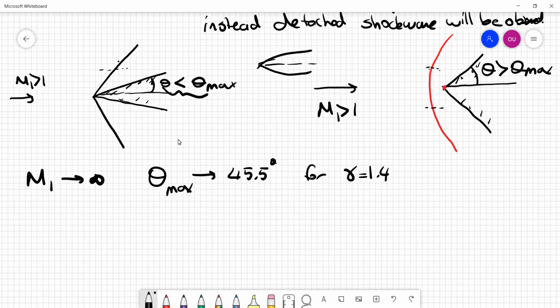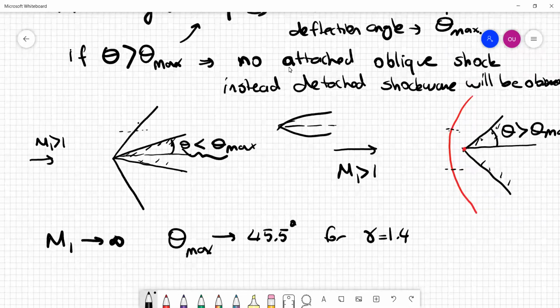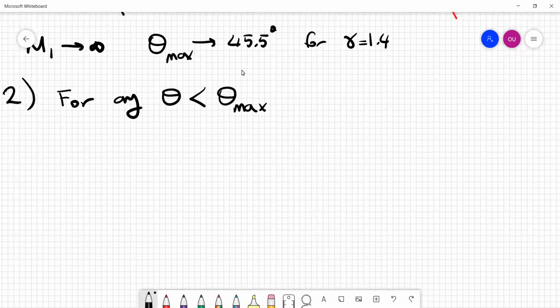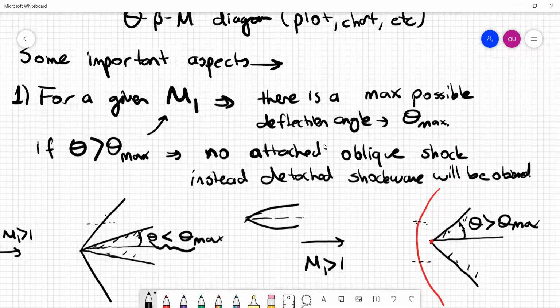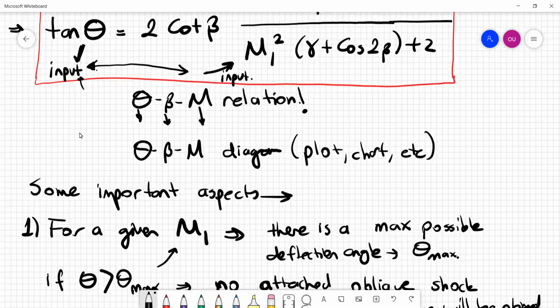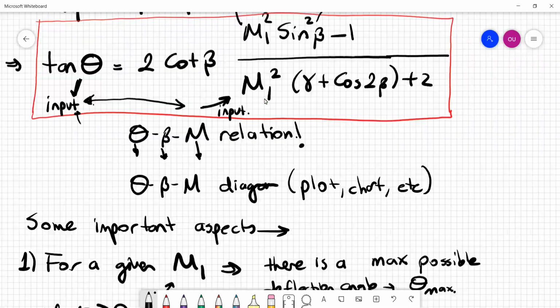The second aspect observed from this equation is that, let's say we are in the safe zone, we have a theta value that is smaller than theta max. For this condition, we know that this equation is going to be satisfied. If you plug in your theta value, which is smaller than theta max, and the corresponding Mach number value, the left-hand side will be equal to the right-hand side.